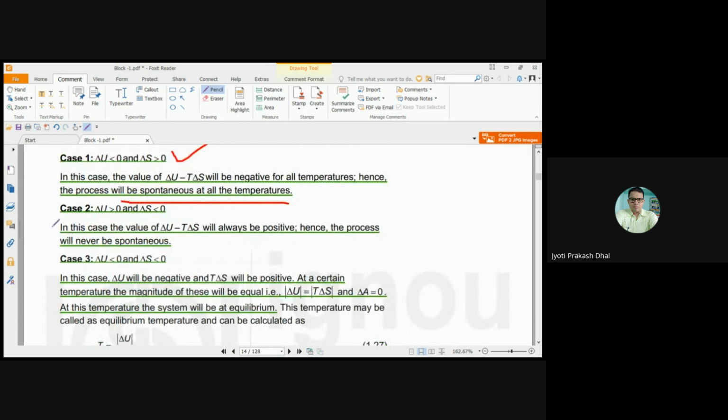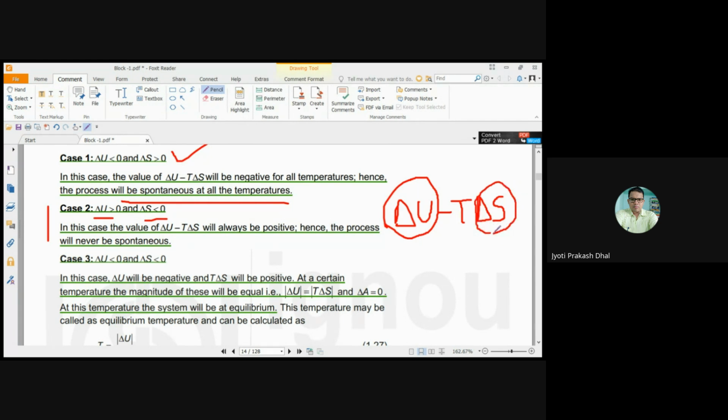Now coming to condition 2. In condition 2, if del u is greater than 0 and del s is less than 0, the equation is del u minus T del S. Now if the value of del u is greater than 0, this is a positive value, and the value of del S is less than 0, so this is negative.